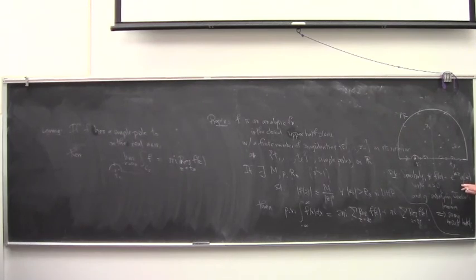Because if it satisfies the conditions of Jordan's lemma, then the integral over this arc is going to vanish again, right? And that's all you want. As long as the integral over that arc vanishes, then in the limit you're going to get this result.